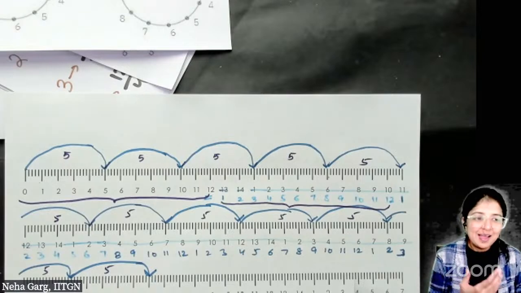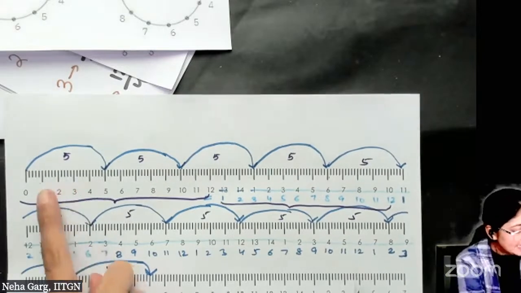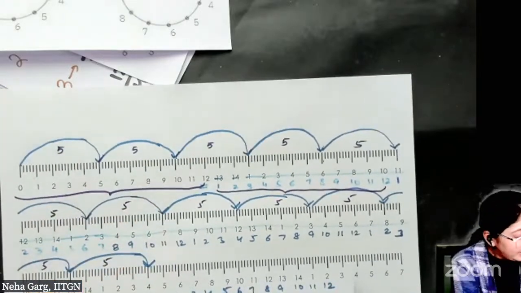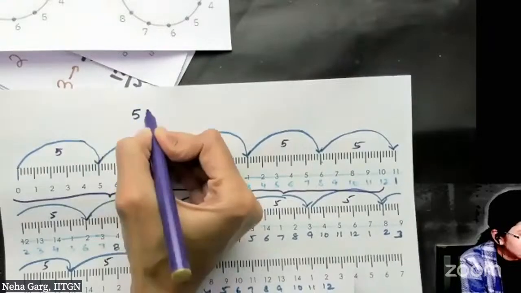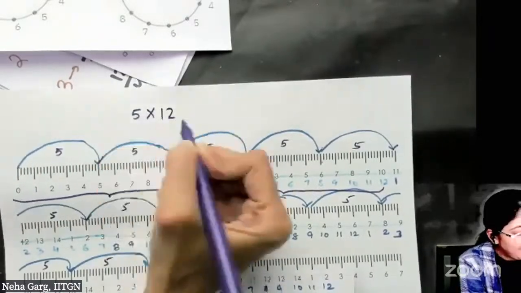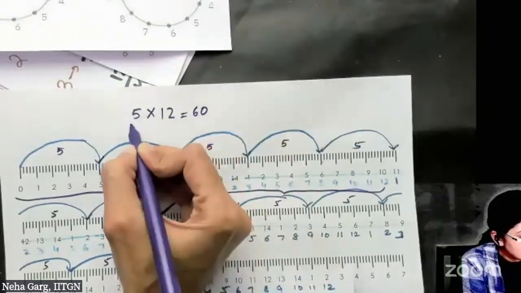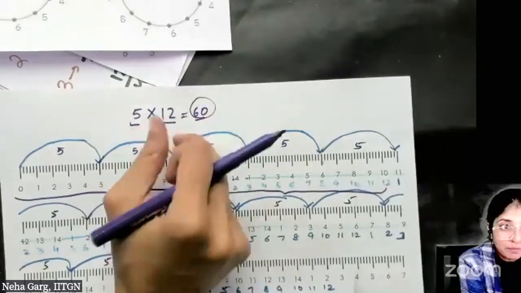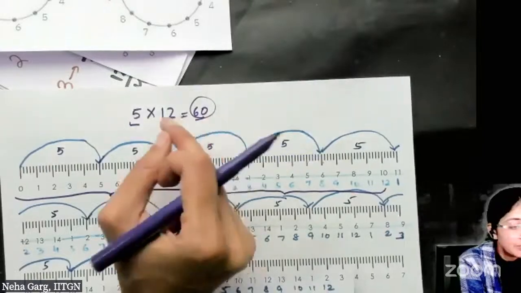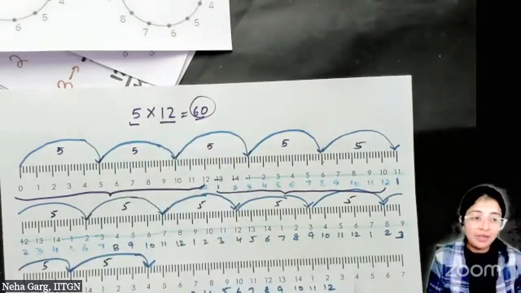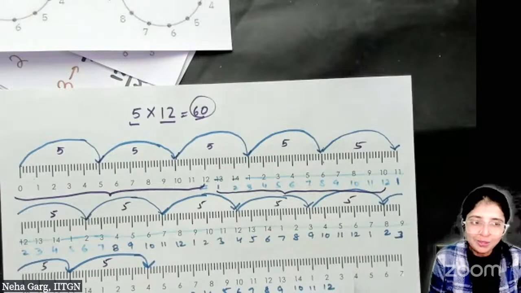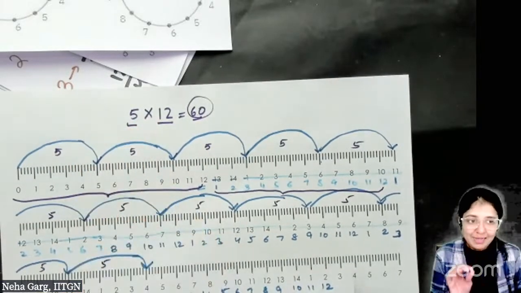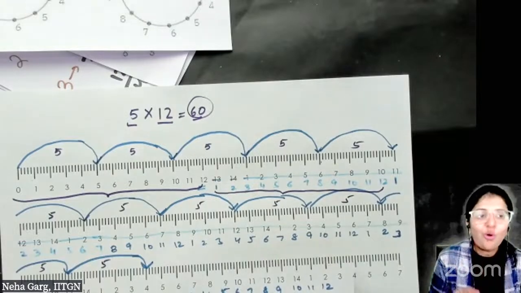And because there is no common factor, it will have to make 12 jumps, because then only 5 times 12 will give me 60. This is the only number that will come in the table of both numbers. Their product will be the only such number. So that is why, when we are adding 5, it will go and touch all the points.